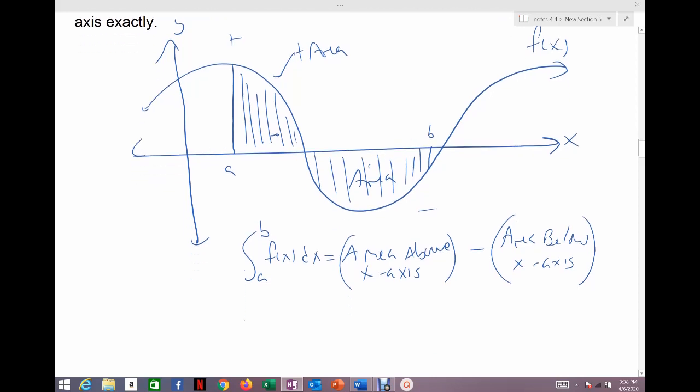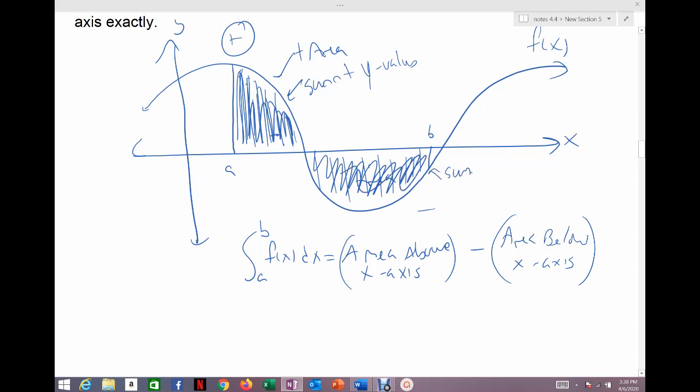If you think about it in terms of an accumulation, remember what this is doing. It's adding up all of my y values. All of my y values here are positive, so all of this would be a sum of positive y values. Then this part is below, so my y's are negative.